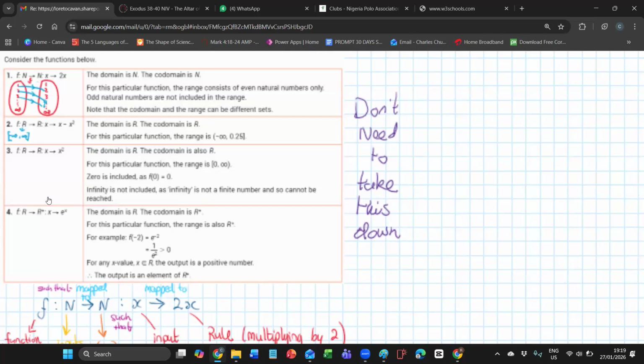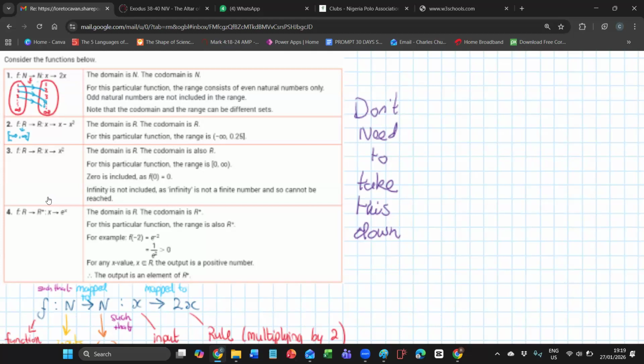So that means the only thing that could have given us 1 would have been 0.5, and 0.5 is not a natural number. Okay. So that means that 1 is among the numbers that are in the codomain. And of course, you can see 3 is also there too.